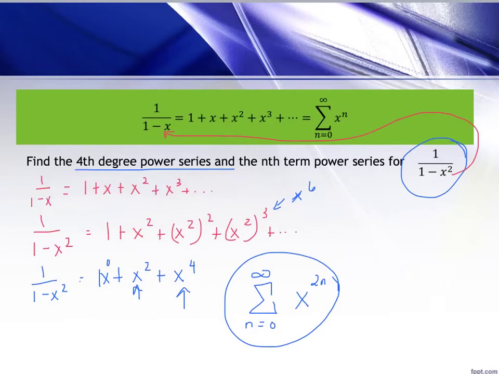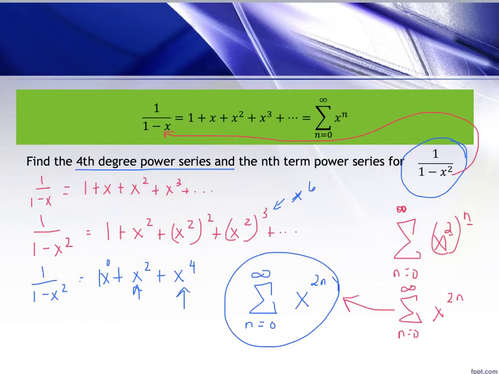Now, we can also look at if I had just replaced in my original power series all the x's, instead of having x to the n, if I replace that with x squared to the n, notice that that will simplify, because when I raise an exponent to another exponent, you multiply those, and so that would have become x to the 2n, which is what we had here.